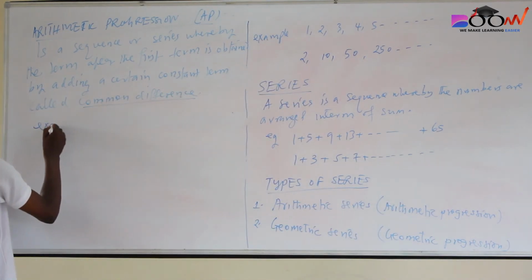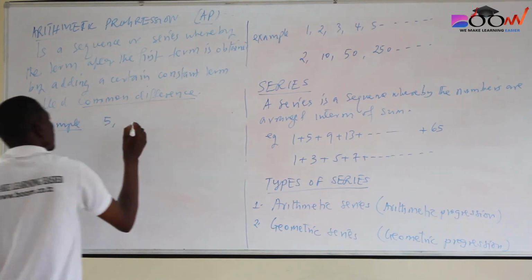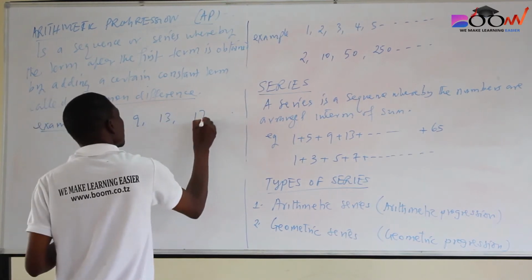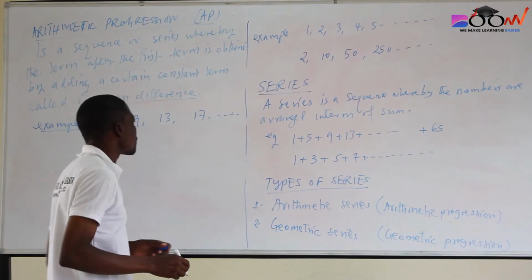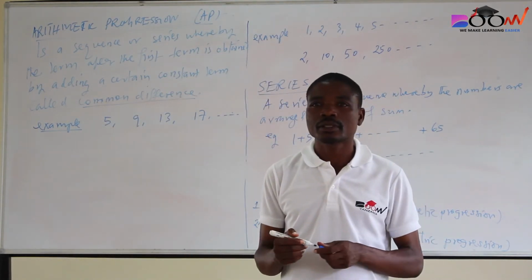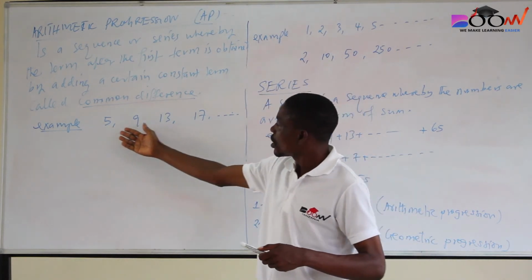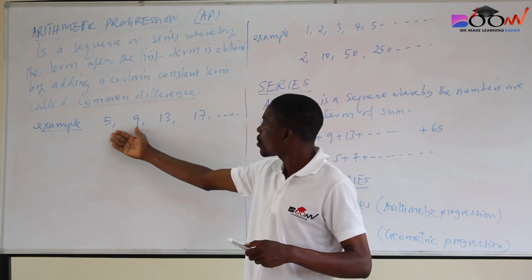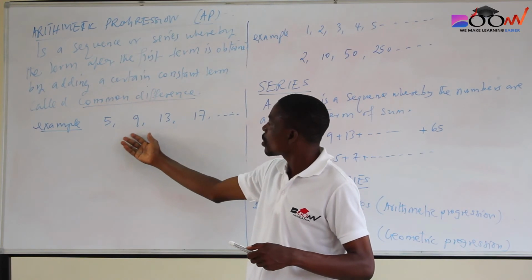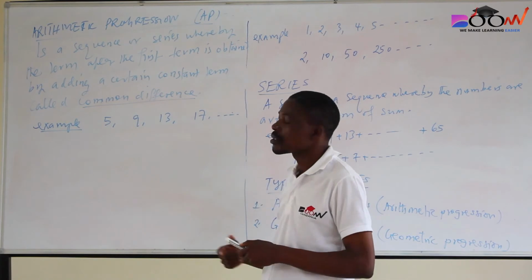Take an example, let's say 5, 9, then 13, 17, and so on. Which number is added there? You can see that we had 5, and 4 has been added to 5 to become 9, 4 has been added to 9 to become 13, and again 4 has been added to 13 to become 17.